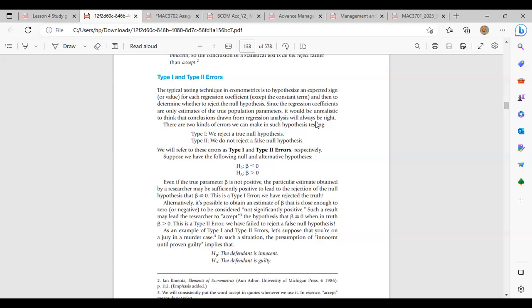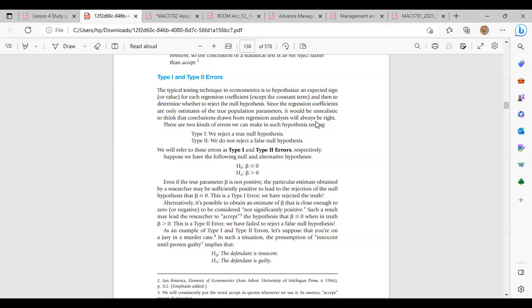Sometimes someone could have killed someone. That's the true population, to put it that way. But because no one was there, there is no evidence. So in other words, the sample makes us draw different conclusions. Like maybe the sample is wrong. Maybe he has an alibi where he says he was with a friend during that time.